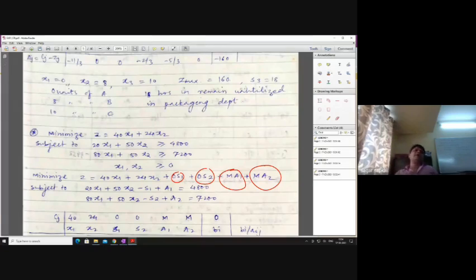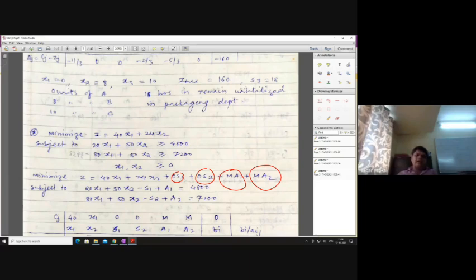Now if we consider a very big coefficient for A1 and A2, that will not contribute to the minimization objective function at all. Their contribution will get nullified, and that was our purpose, because A1 and A2 are taken for adjustment only, and not for contributing to the minimization function.